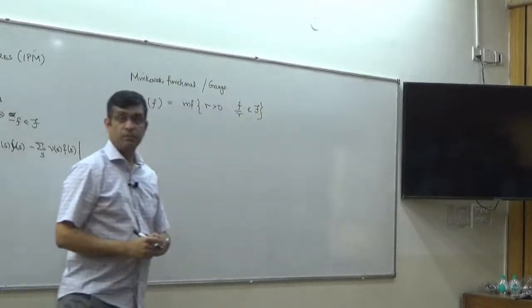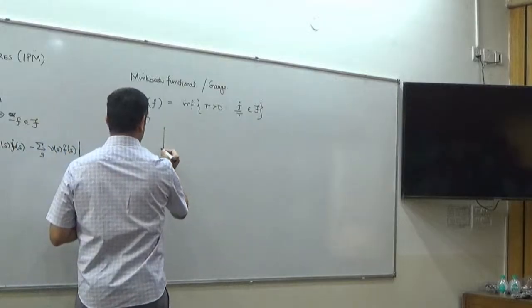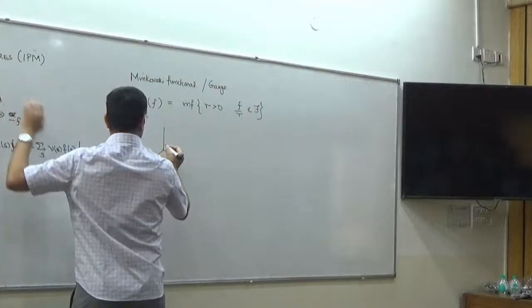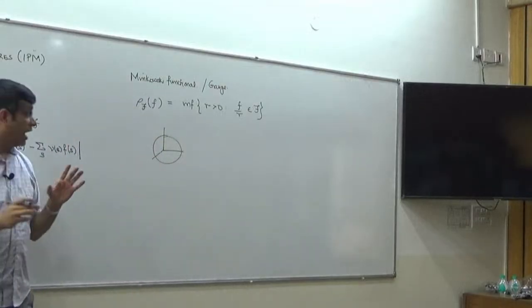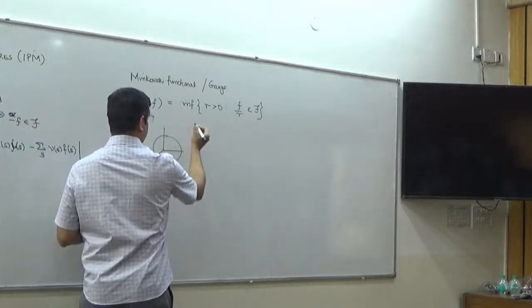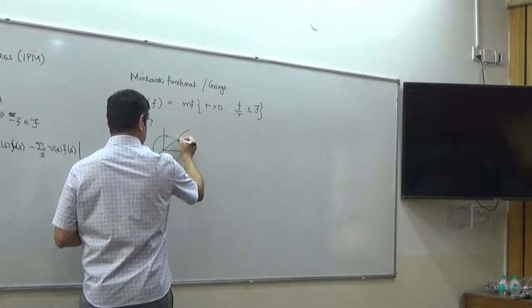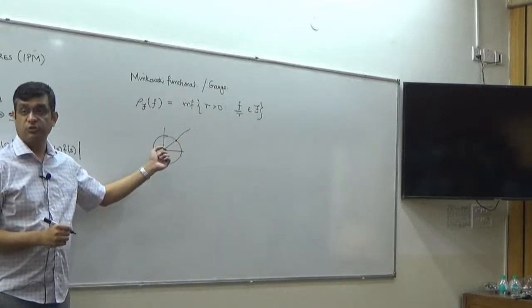The intuition that I want you to have is that for the definition of this IPM, my function class is some kind of a ball. If I take a function outside this ball, maybe I can scale this function, and what's the smallest amount by which I have to scale it so that it comes inside the ball.